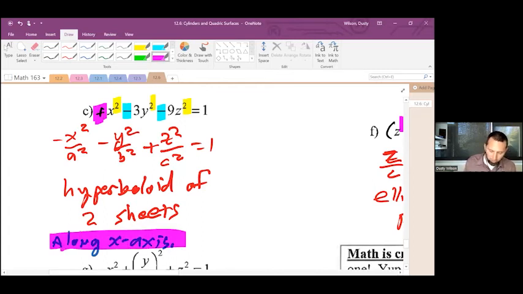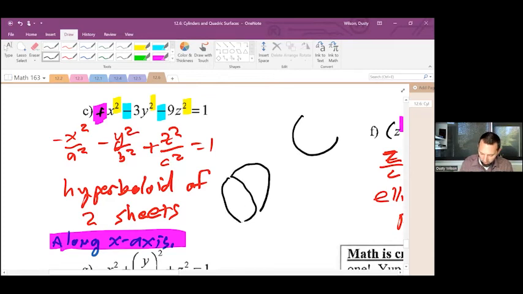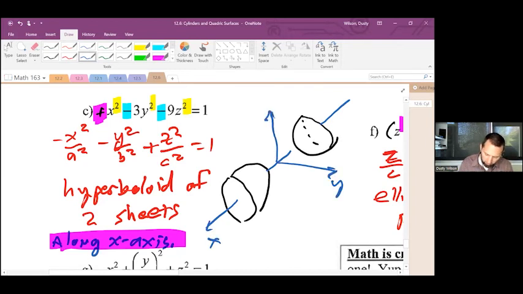So I can draw a hyperboloid of 2 sheets, so I know it's going to go kind of point in and out. Something like that. And then we need to get our axes in place. Something like that. And we know there's y, x, and z.